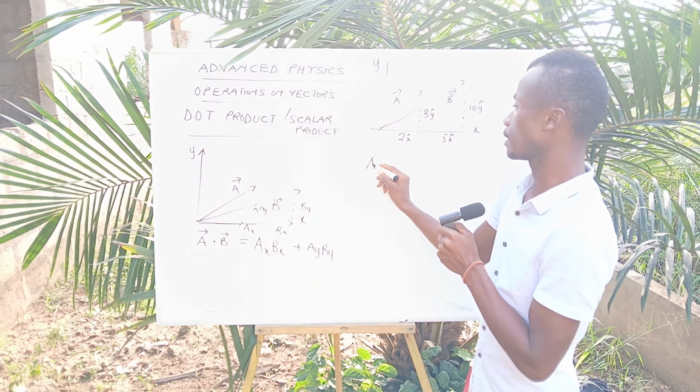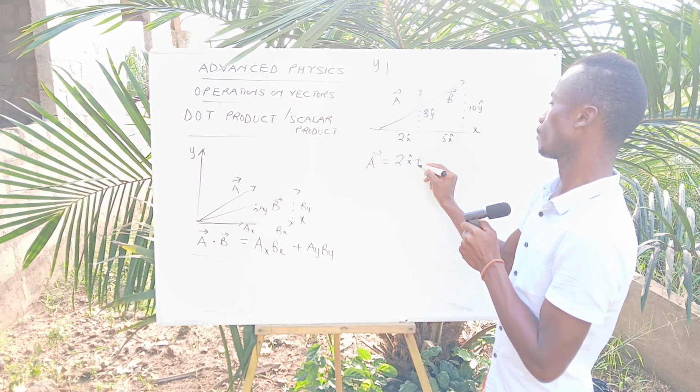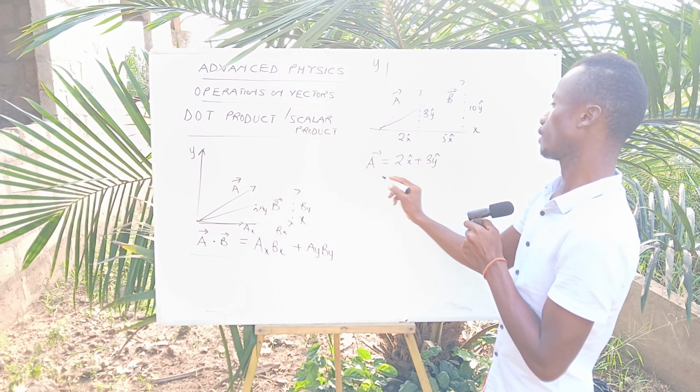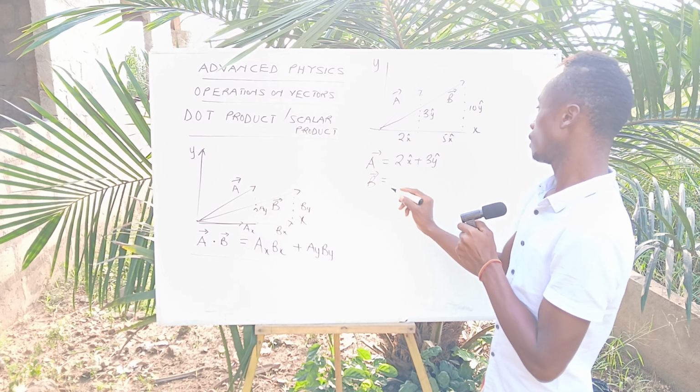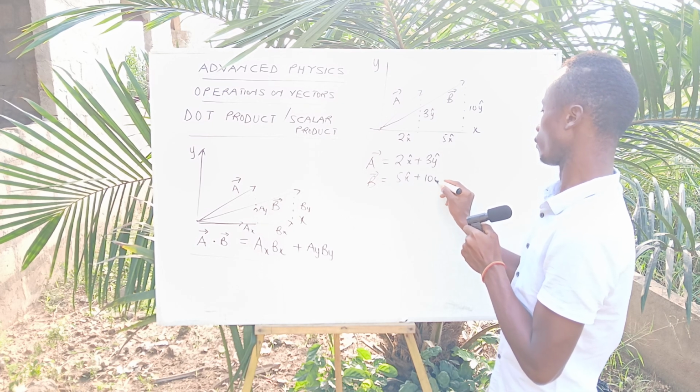So vector A is equal to 2x roof plus 3y roof. And vector B is equal to 5x roof plus 10y roof.